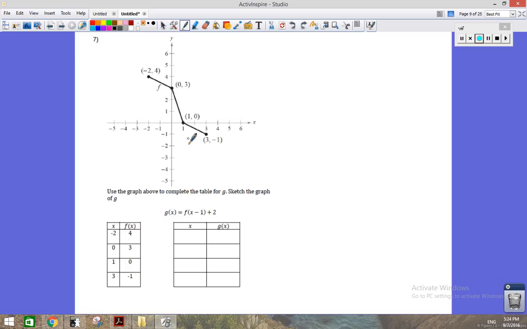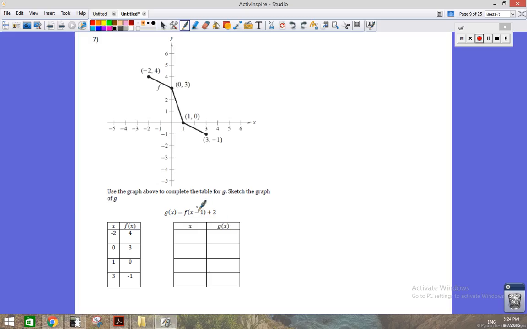So in problem 7, we have a new function g that's related to this graph of f, and this time we have two transformations. We have a transformation on x, and outside the parentheses we're adding to the output of this function, a transformation on y.